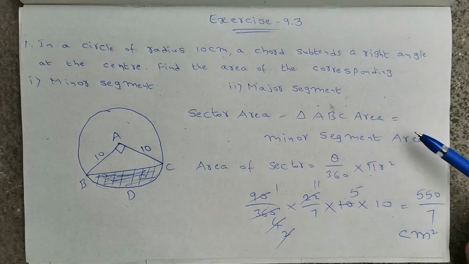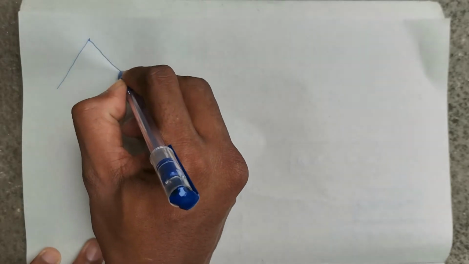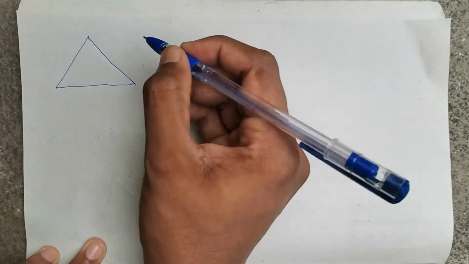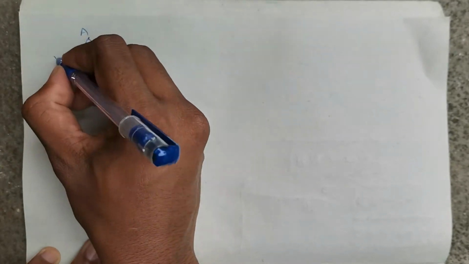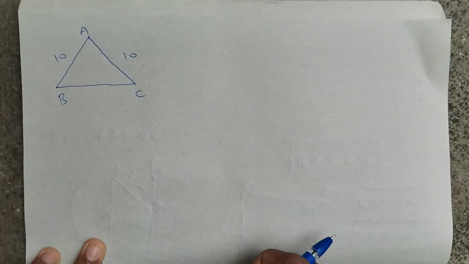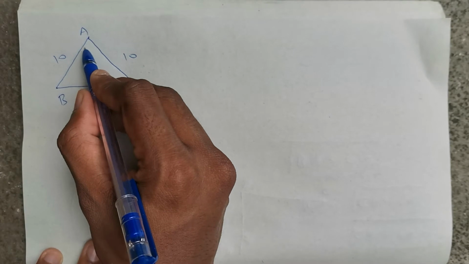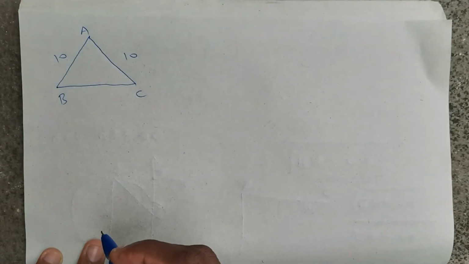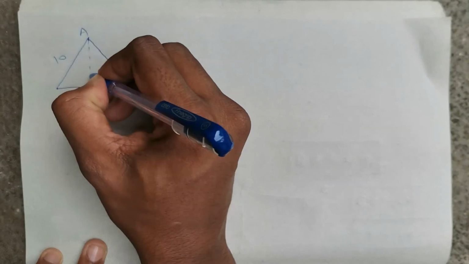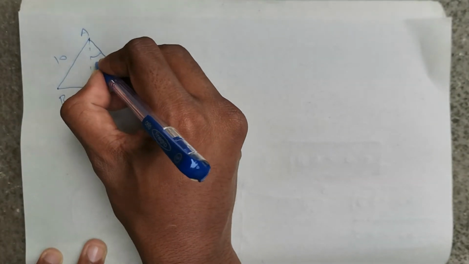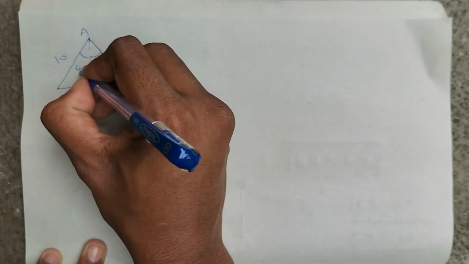Now we will find the area of the triangle. Okay, I am drawing only that triangle separately. Triangle ABC. He mentioned the radius as 10 centimeters, and he clearly said that it is maintaining 90 degrees at the center. So if I divide that into two equal parts, on the right side 45 degrees and on the left side also 45 degrees.